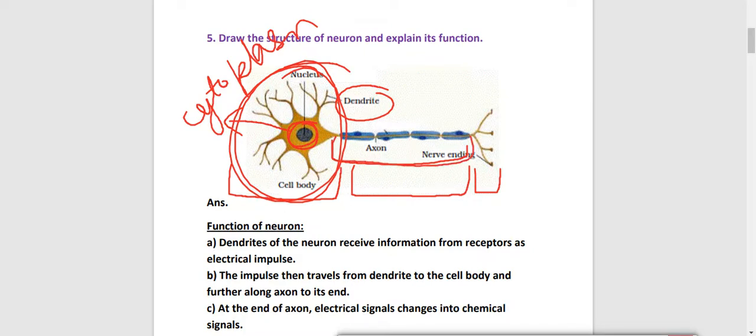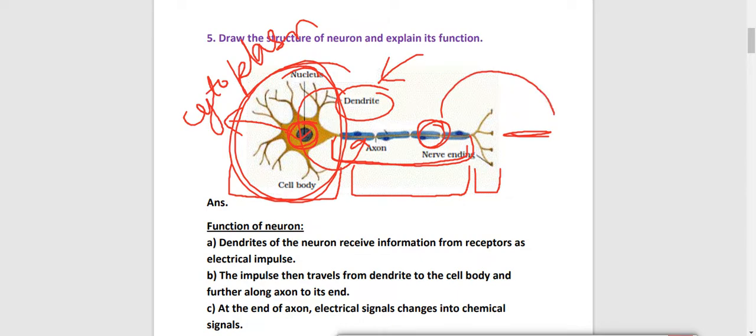First of all, the dendrites will receive the information from the receptors. Then that information will travel into the cell body. Then the electrical signals which the dendrites send to the cell body will go to the axon. At the end of the axon, electrical signals will change into chemical signals, and the gap between two neurons is called the synapse.